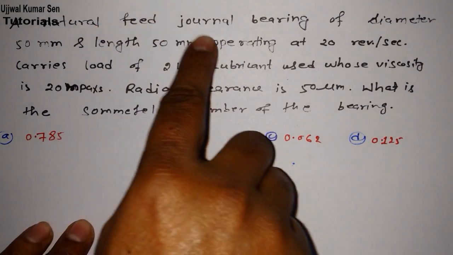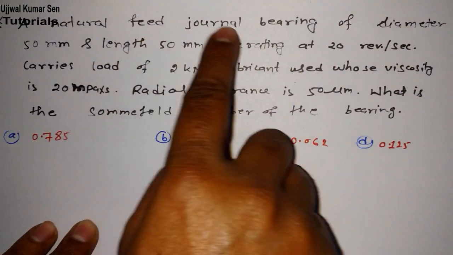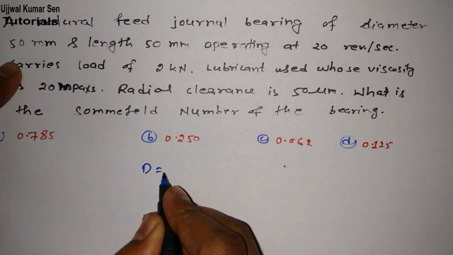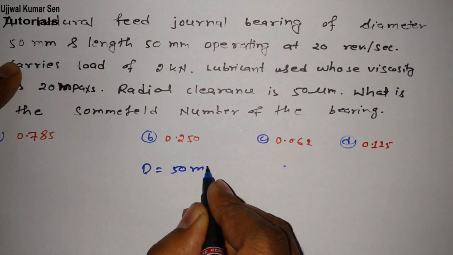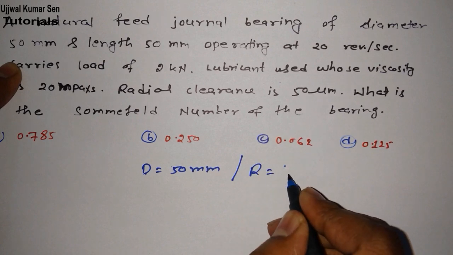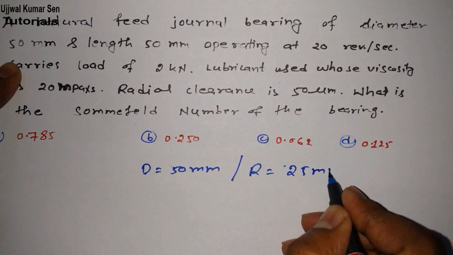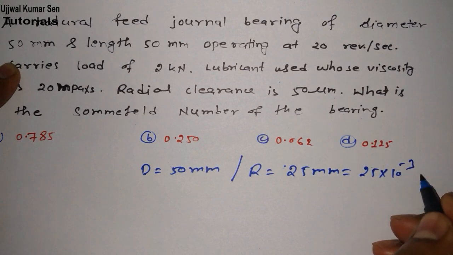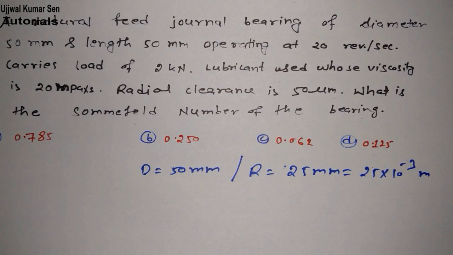Basically, the journal bearing diameter is given. Let's write it first. Diameter is equal to 50 mm for that bearing, so the radius would be 25 mm. Converting into SI units, 25 times 10 to the power minus 3 meter.